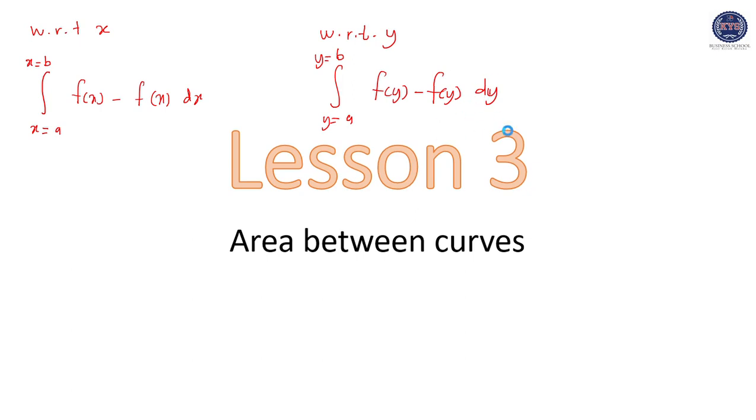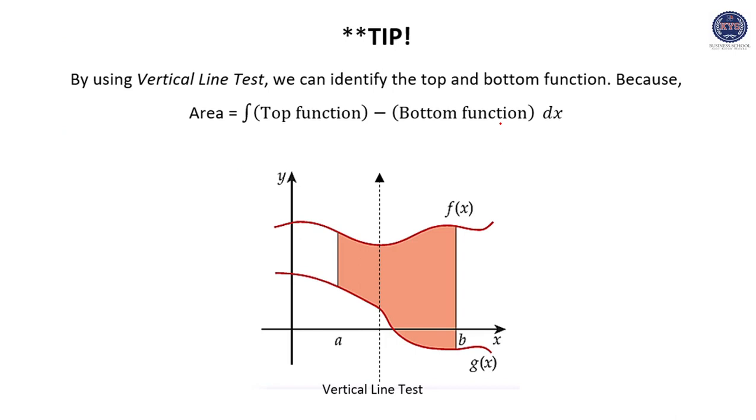So the first part, integrate with respect to x. If you have two curves and you want to know how to calculate the area in between the two curves, we call it the vertical line test, garisan penegak.